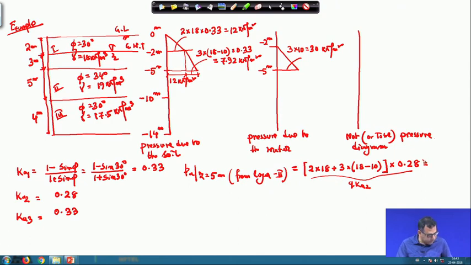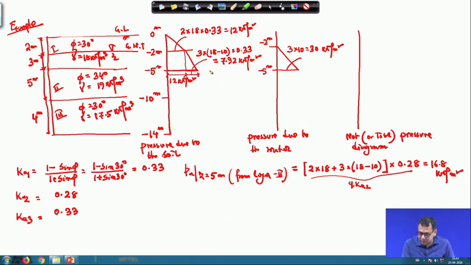If I calculate that, it is 16.8 kilonewton per meter square. The total value for the first layer is 12 plus 7.92.